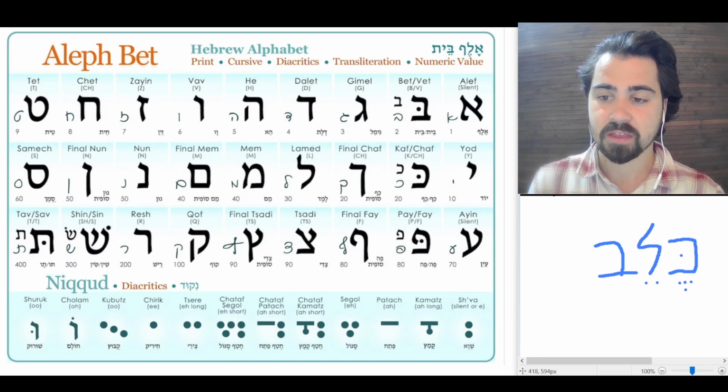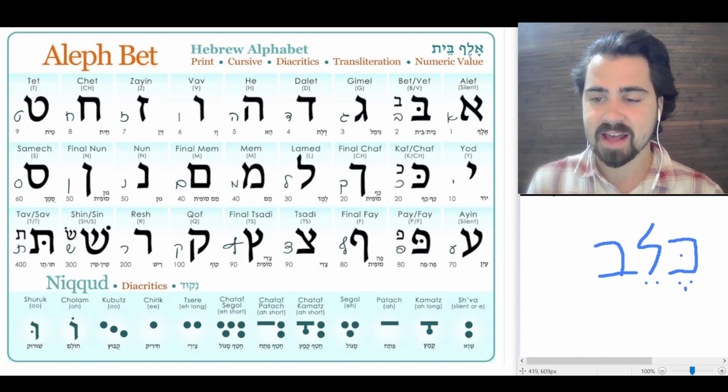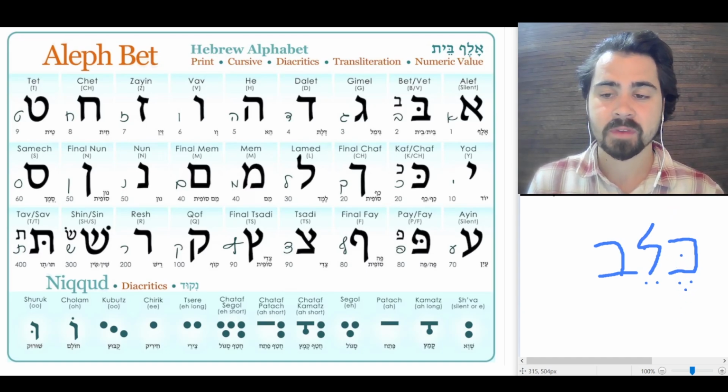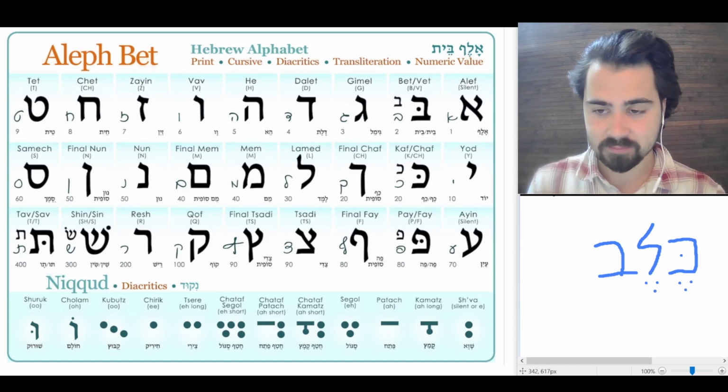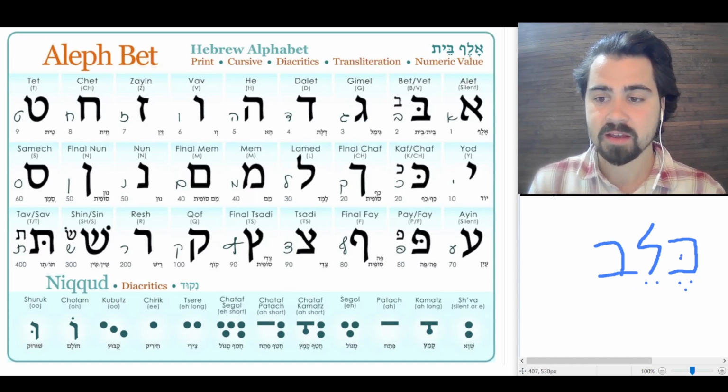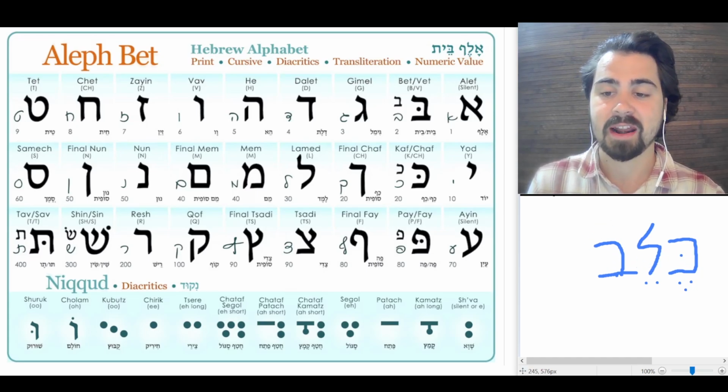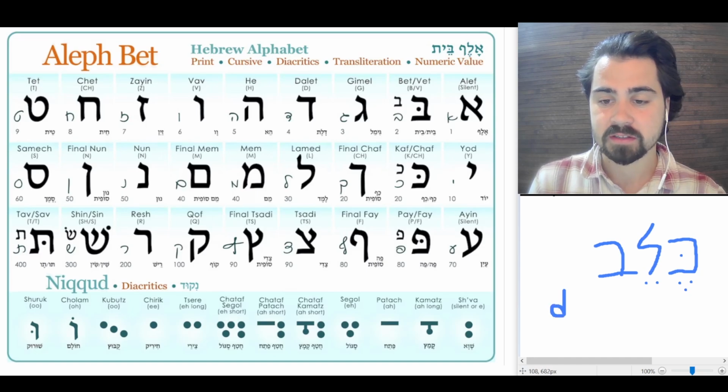So K, and then we have the Segol, E sound, Ke, and then Lamed with a Tsere, it's the same sound, also E, so Ke, Le, V. So it's not a B, this is the letter Bet, but no dot, so the sound is V. Kelev, Kelev means dog.